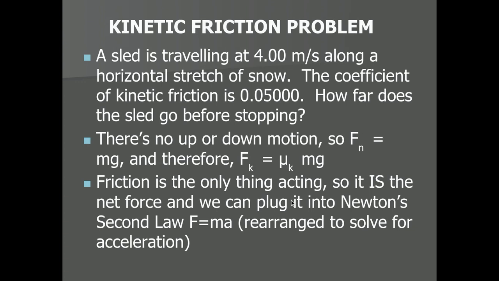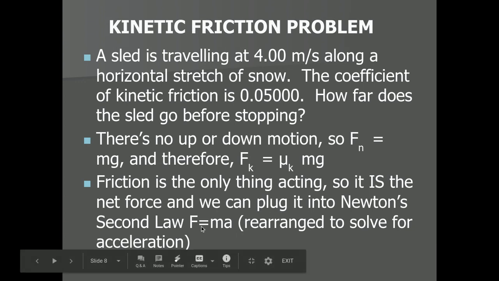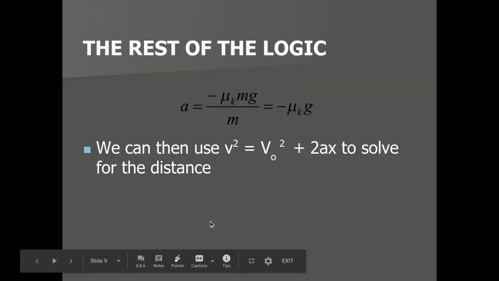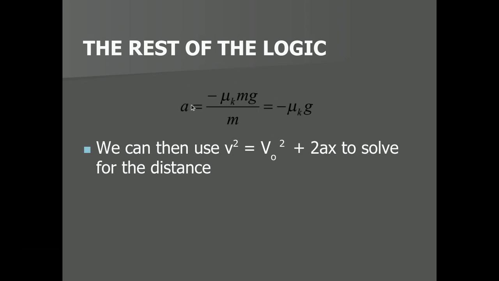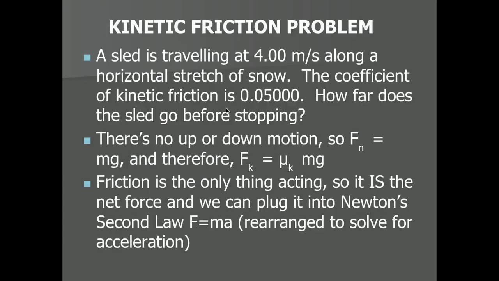Friction is the only thing acting, so it is the net force, and we can plug it into Newton's second law, F equals ma, and rearrange to solve for acceleration. And then here's a broken-down equation of acceleration of what we could use. If you see this equation here, it's just showing how it's broken down. That's really just rearranging.